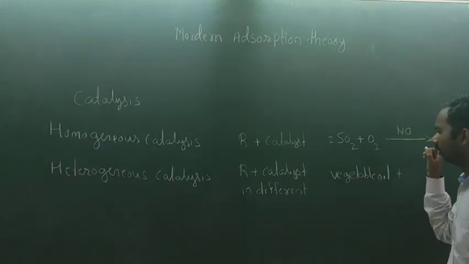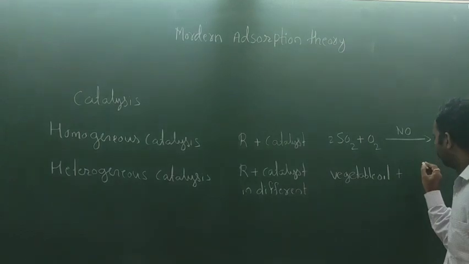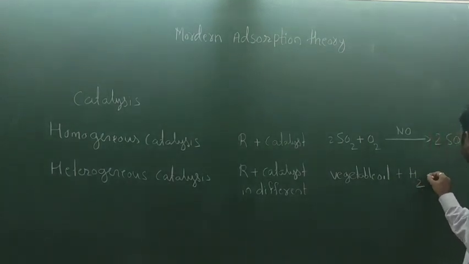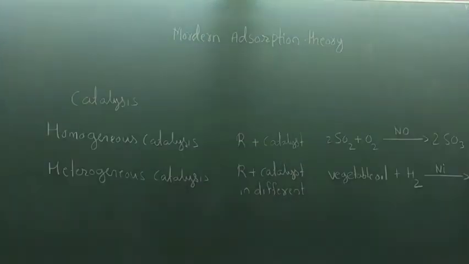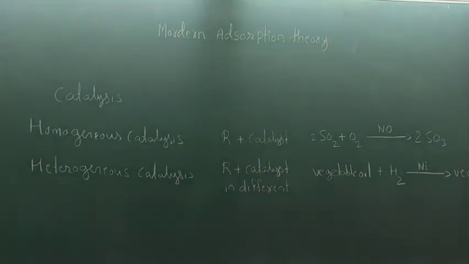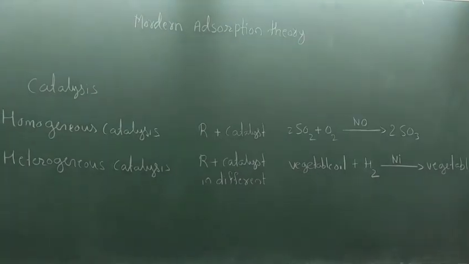Vegetable oil undergoes hydrogenation in presence of finely divided nickel as a catalyst to form vegetable ghee.